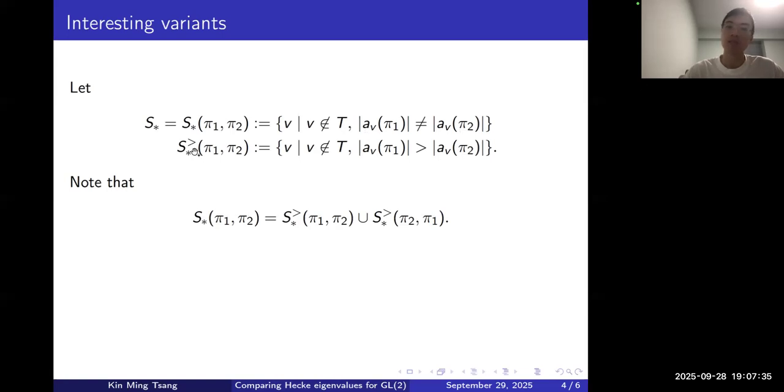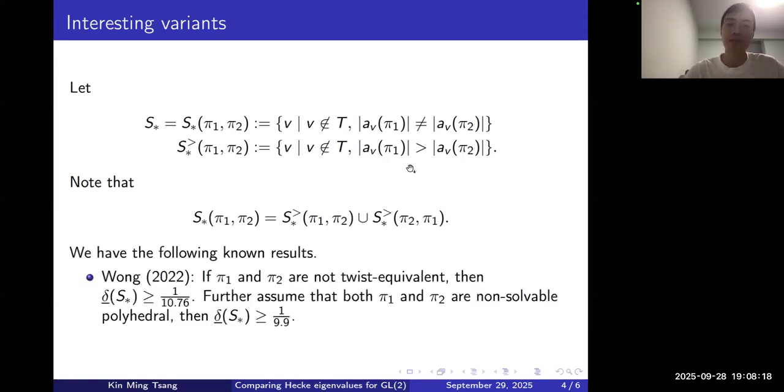We also consider the set S* with a superscript strictly-greater sign, denoting the set of all places v for which the modulus of a_v(π1) is strictly greater than the modulus of a_v(π2). It's not hard to see that S*(π1,π2) is equal to S*_>(π1,π2) union S*_>(π2,π1). Why is this true? Because if they are not equal, then either the first one is greater than the second one, or the second one is greater than the first one, right?